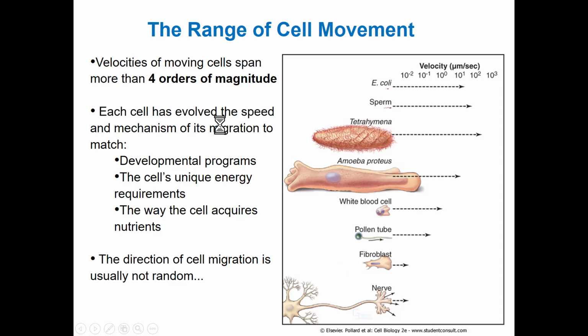So each cell has evolved the speed and mechanism of its migration to match developmental programs, the cell's unique energy requirements, and the way the cell acquires nutrients. The direction of cell migration is usually not random.